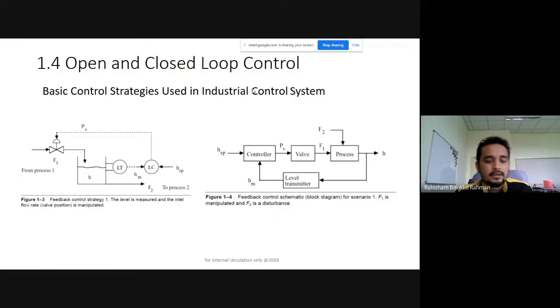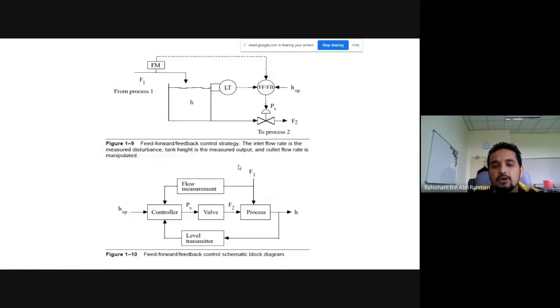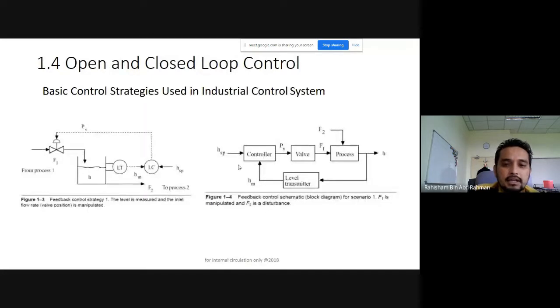Okay, I try to wrap up this one. For example, we have a valve here, and we have the feedback control strategy. In the previous class I left this one for students to look at and try to understand.